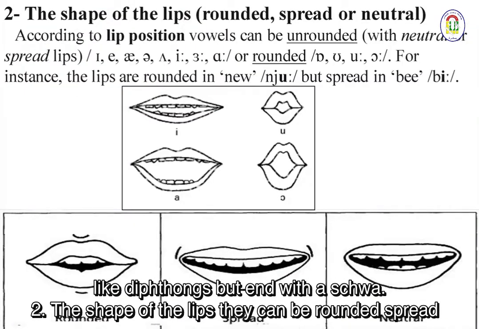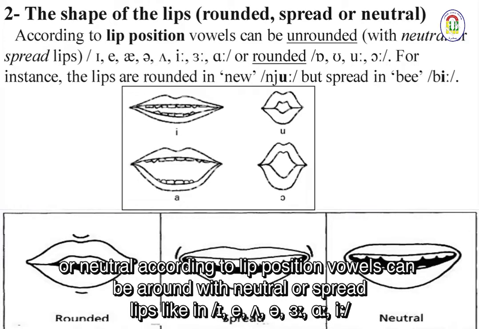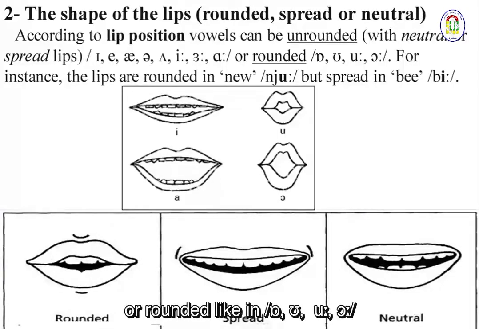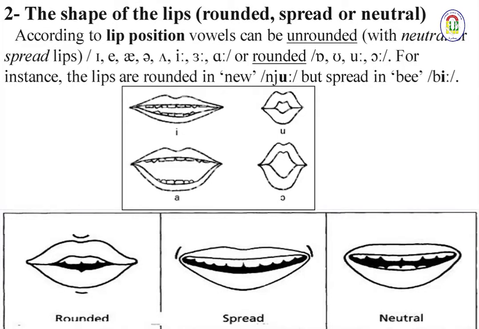Number 2 is the shape of the lips. They can be rounded, spread, or neutral. According to lip position, vowels can be unrounded with neutral or spread lips, or rounded, like in o, u.